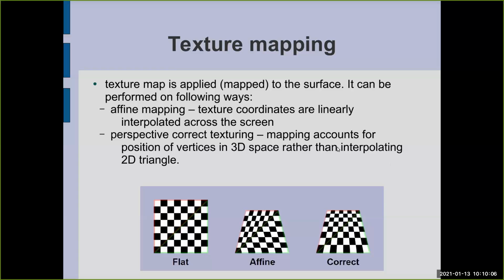The second possibility is using perspective correction texturing. So look here, we have the bitmap, which is properly mapped. So we can observe even the perspective effects where the elements which are near to the camera are bigger than these elements which are farther.